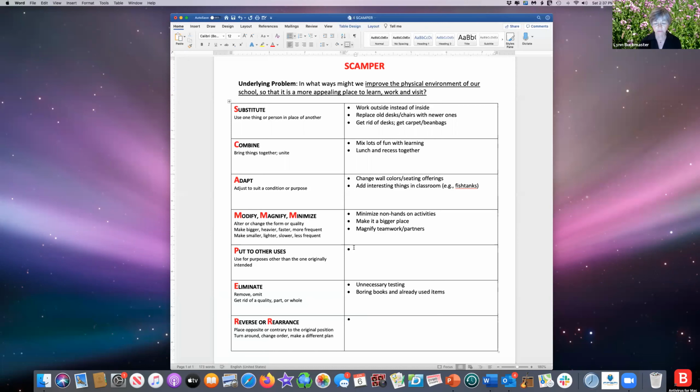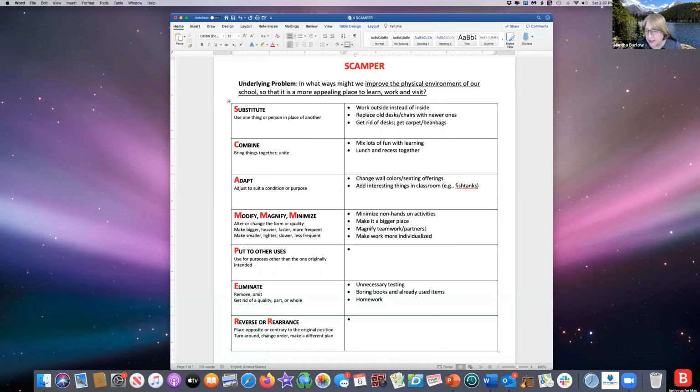Anyone have something for put to other uses? I haven't seen anything yet. Let me see. Or reverse or rearrange? Eliminate homework. I don't see that either. Okay. Modify, work to be more individualized, which could also be under adapt, they said.